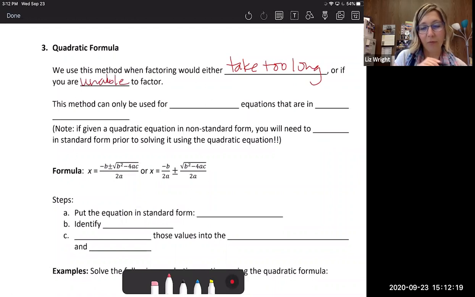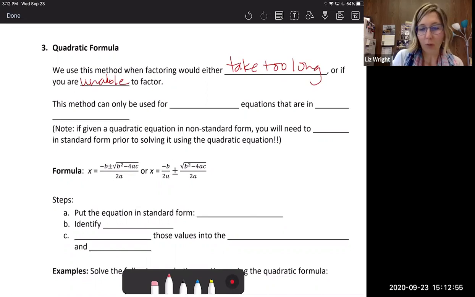Taking far too long would mean you have, say, 321 for the coefficient of your x squared term and 515 for your constant term, because you'd have to multiply those two together and find the combinations of all of those factors that would add or subtract to give you that middle term. So that's an example where it would take you far too long. There are also times when you just have a prime polynomial that you can't factor. That would be another example of when you would use the quadratic formula.